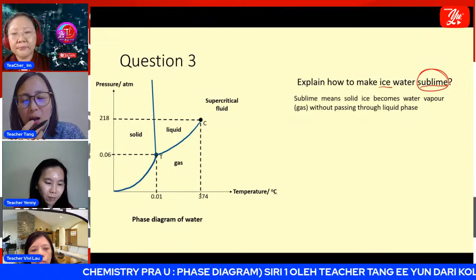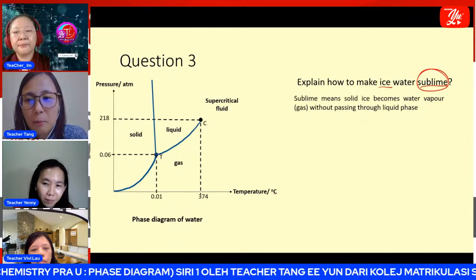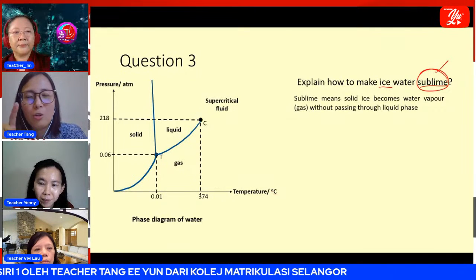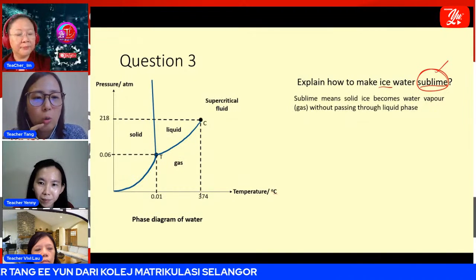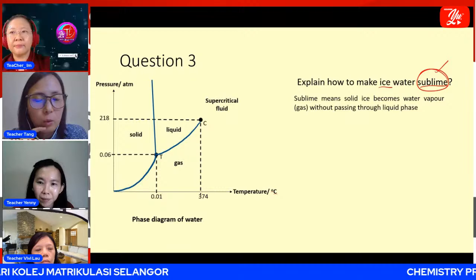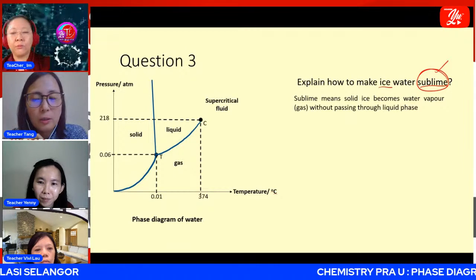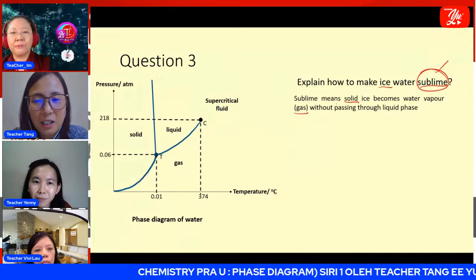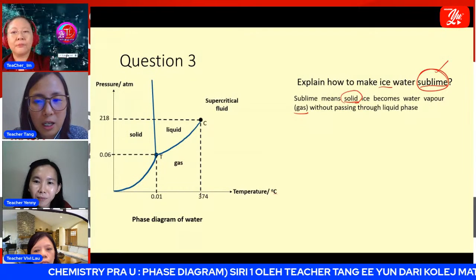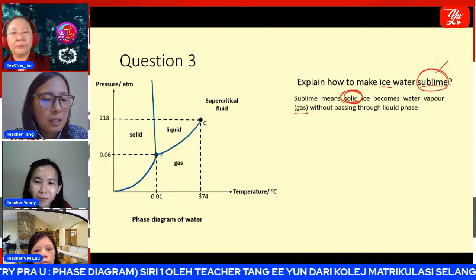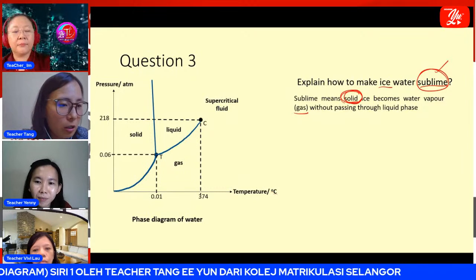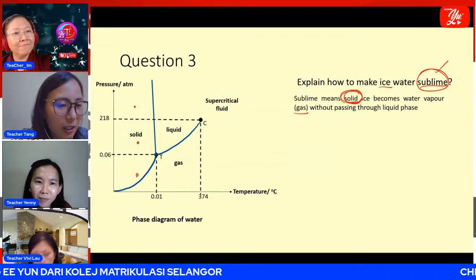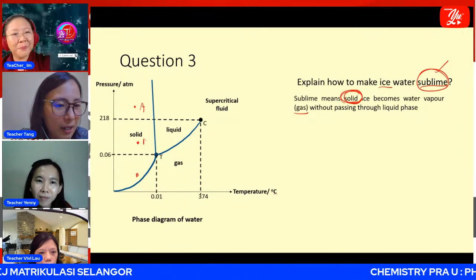Now if you understand what sublimation is, it will be easier for you to plot your initial condition. Which condition would represent sublimation? Remember, sublimation means solid becomes gas, so your initial condition must be solid. But where to plot? Here, or here?